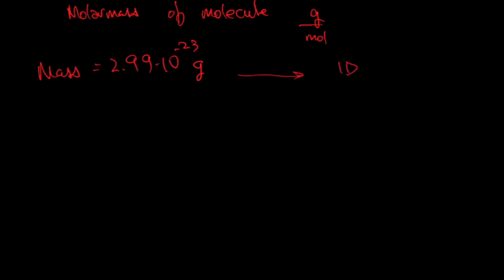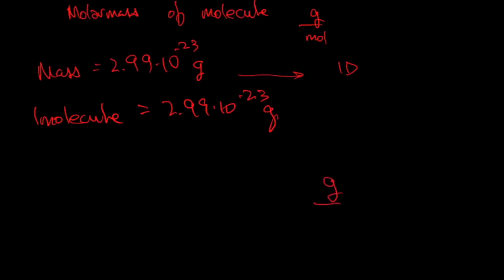Your best approach here is dimensional analysis. You have one molecule equals 2.99 times 10 to the minus 23 grams, okay? If you remember, molar mass is grams per mole. That's the units of molar mass. Water is 18 grams per mole.